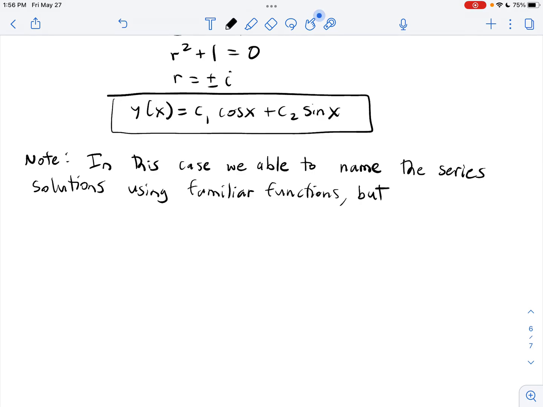But this is rarely easy or possible. In other words, don't be alarmed if as you're doing your homework, you're not able to figure out what function that is. It might not actually be a function that you're supposed to recognize at all. And in fact, we're about to do an example in a little bit that is not going to look familiar, okay?